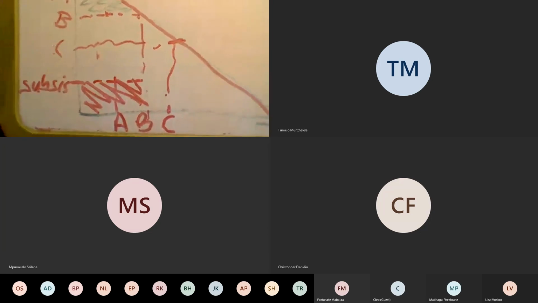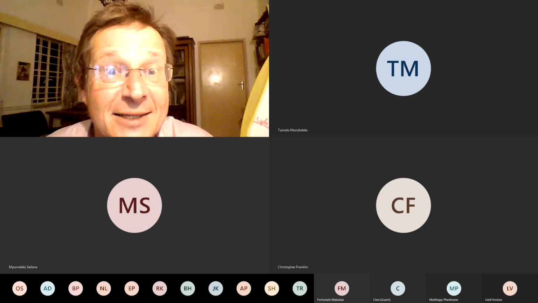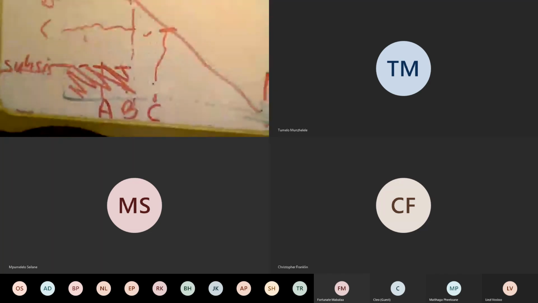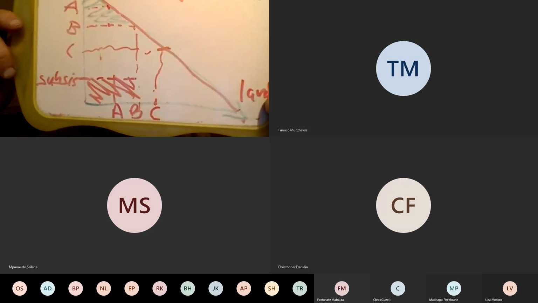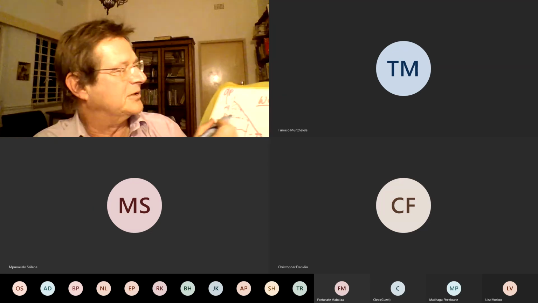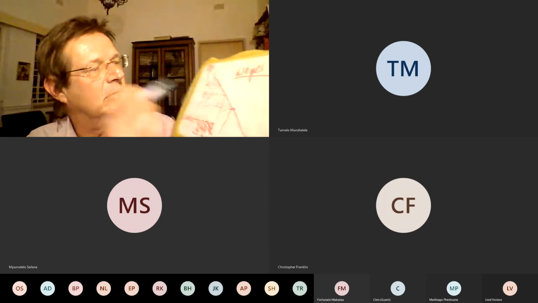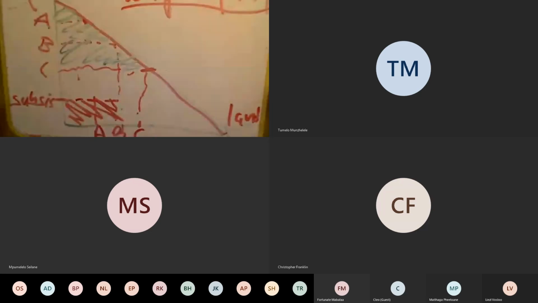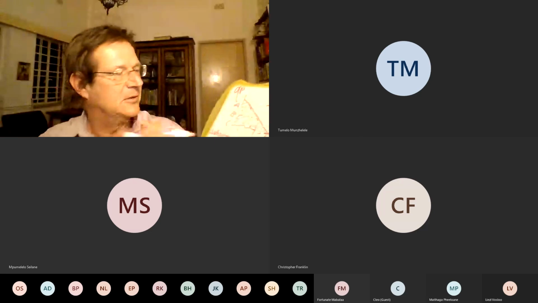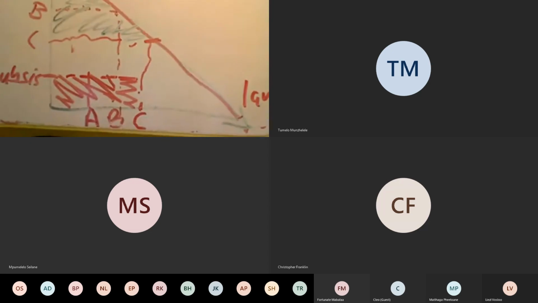And what happens because of that, and we've already said that rent is set by the marginal unit of land. But now the marginal unit of land is no longer B, it is unit C. And therefore, rent will now be the increased area shaded in green. The wages fund is now the increased area shaded in red.